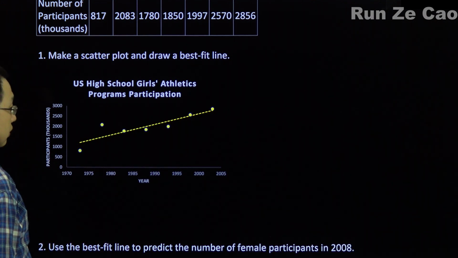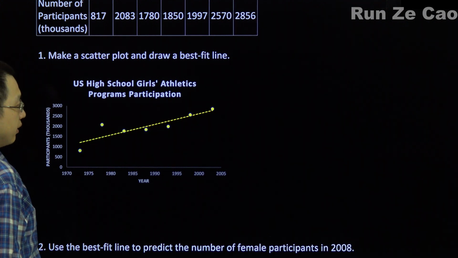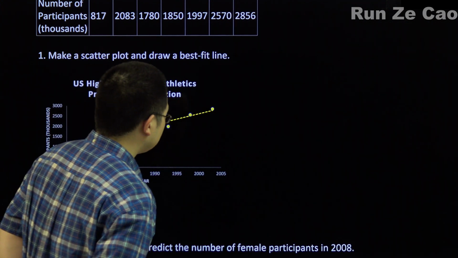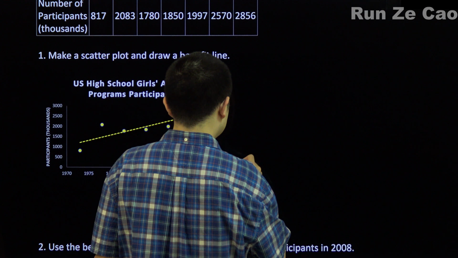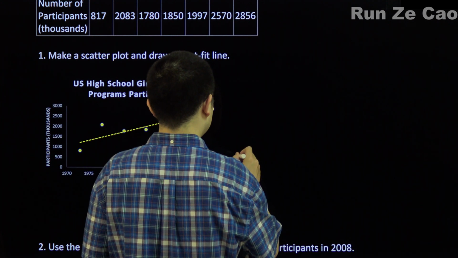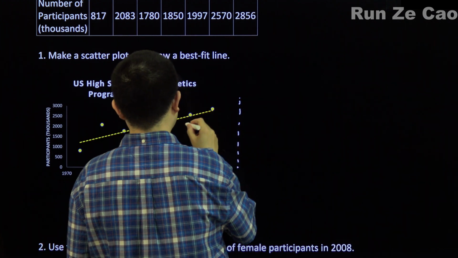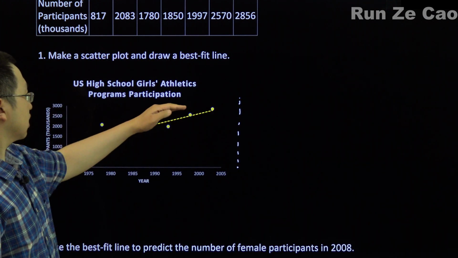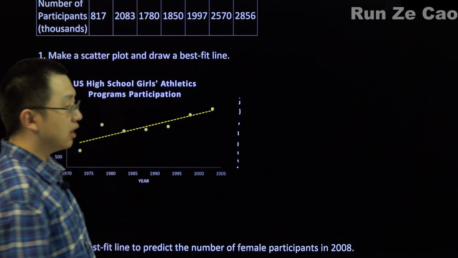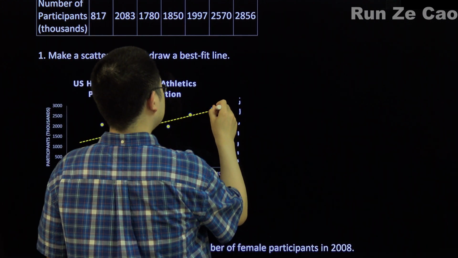So, can we use this to predict the number of female participants in 2008? Well, 2008 would be around here. And it seems like it's a pretty reasonable fit, unlike the example we had up there.